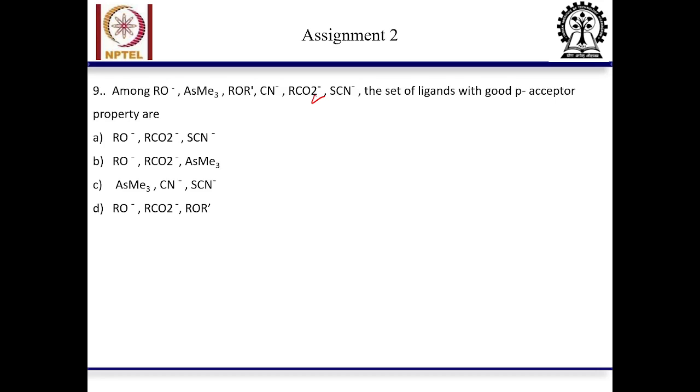Anyone can guess which will have the good pi electron accepting property? So I told you one example called CO, carbonyl.